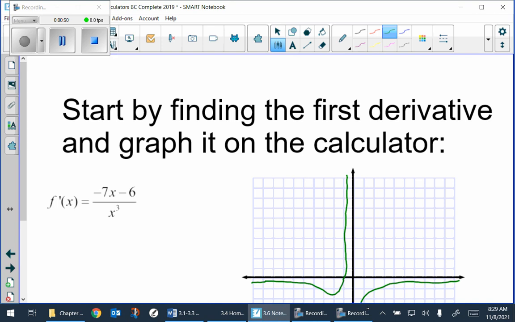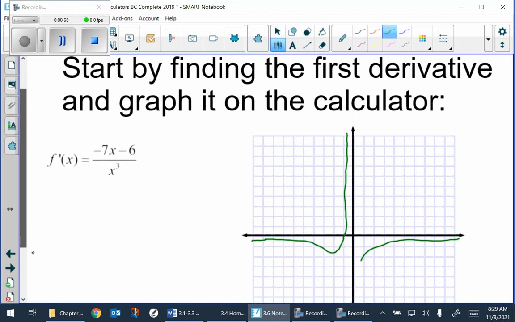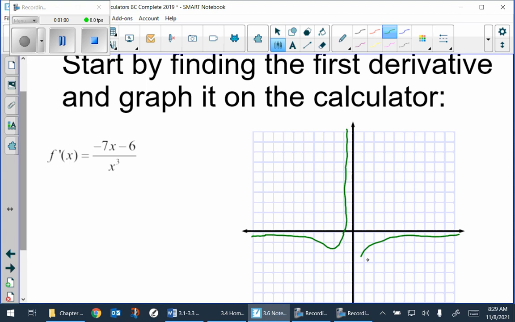Does that look good? Okay, cool. So now that I'm looking at the derivative, now that I'm looking at f prime of x, can you tell me where this function is increasing?